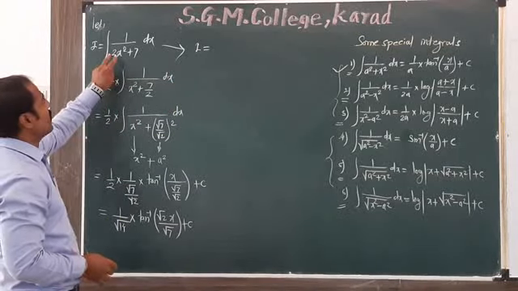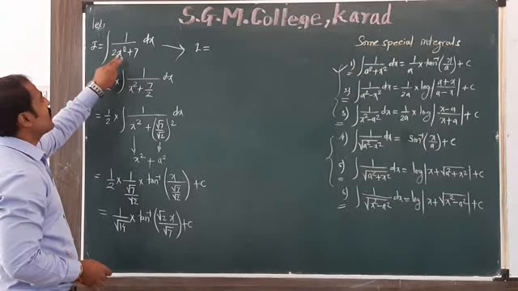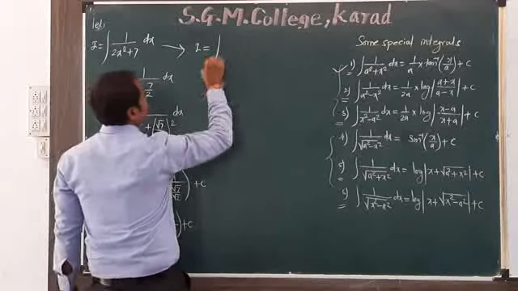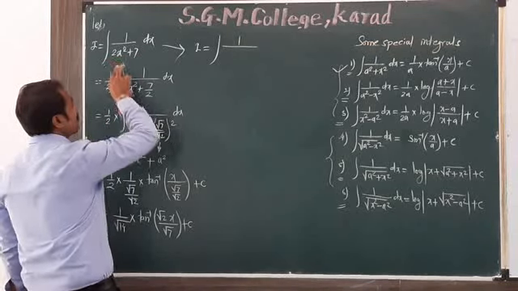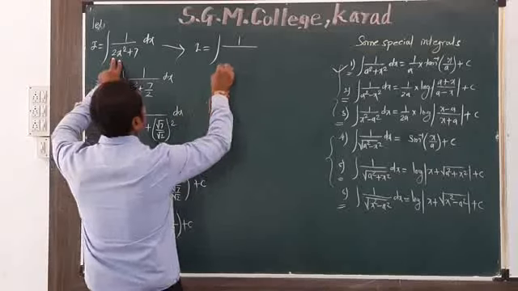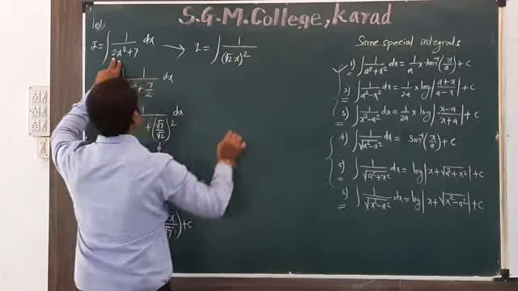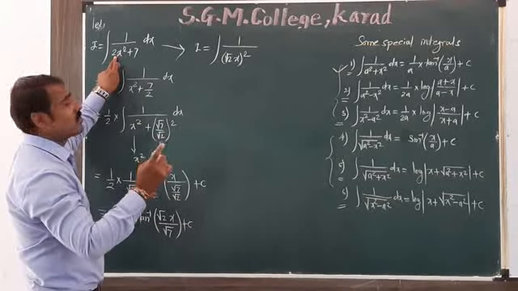Look at here, numerator contains 1 and denominator contains one variable square term. So we write this as 1 upon, write the denominator's first term as a complete square of a variable. So I can write this as root 2 into x bracket square. 2 is the square of root 2.